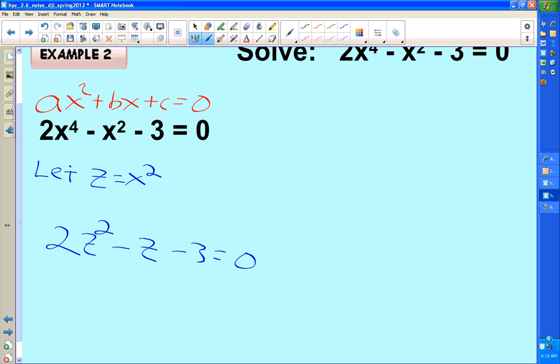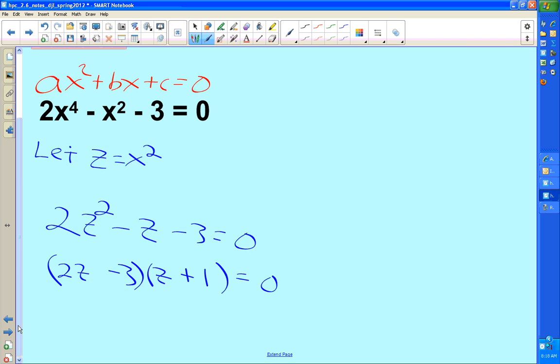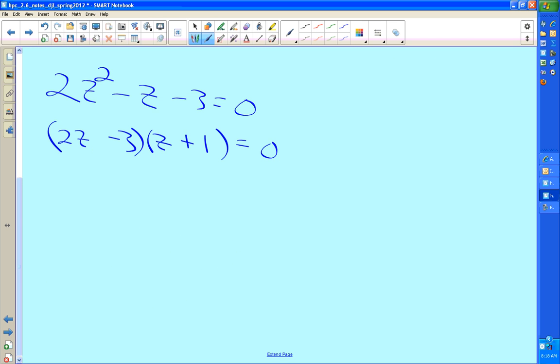Everybody's comfortable factoring this. However it is that you factor, it doesn't matter to me. So Z is going to equal 3 over 2, and Z is going to equal negative 1.